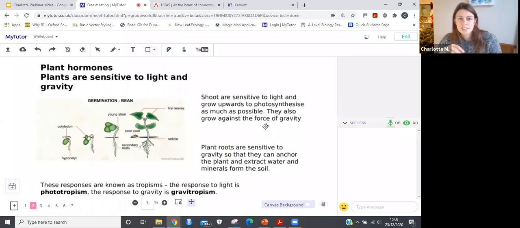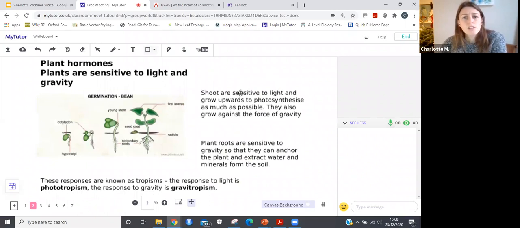Plants are really sensitive to light and gravity, and it's hormones that control the responses to light and gravity. Shoots are sensitive to light, and they grow upwards with the aim of photosynthesizing as much as possible. Photosynthesis is how a plant converts light into energy, along with respiration as well.